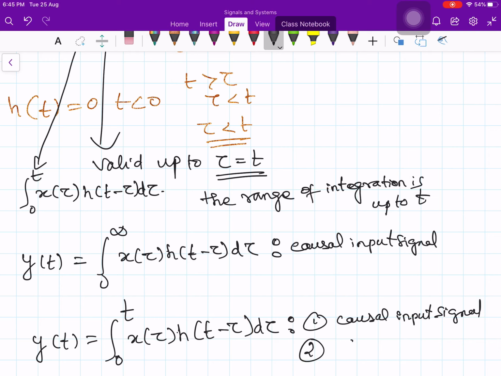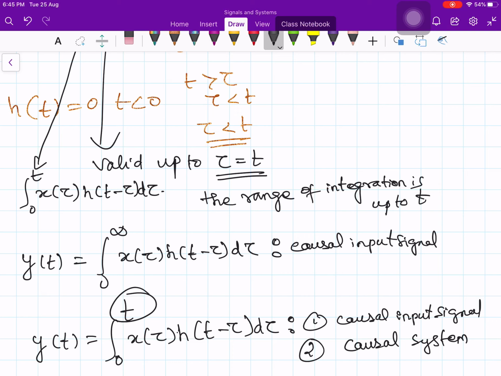The LTI system is a causal system, so therefore the upper limit is t. So for the special case of a causal system with a causal signal, we need to carry out the integration only between 0 and t, not between minus infinity and plus infinity.